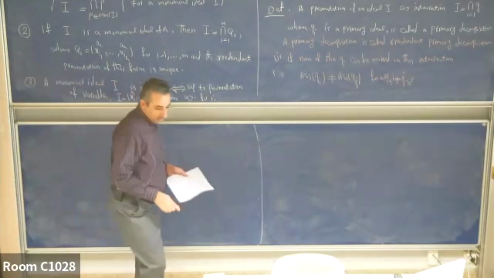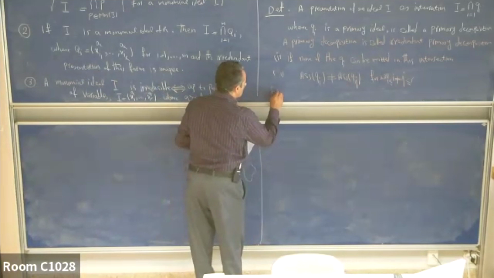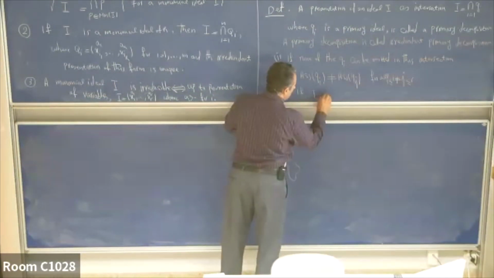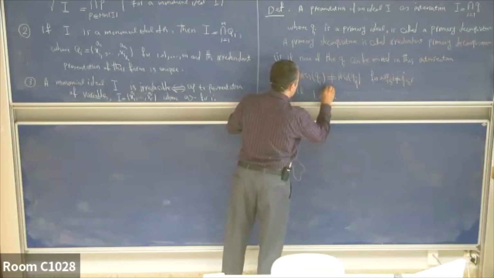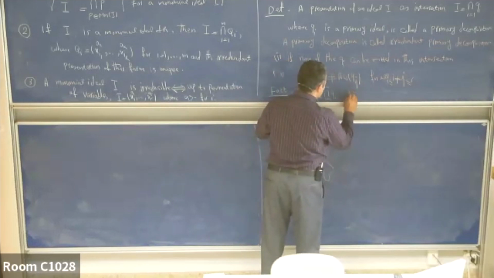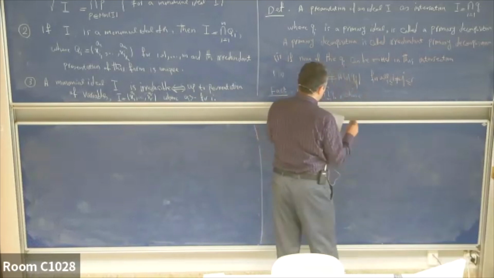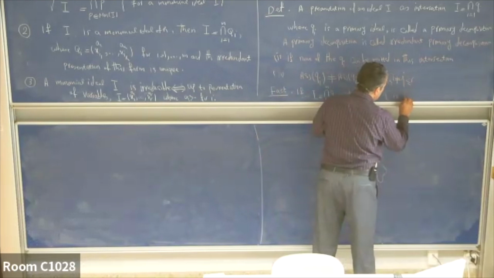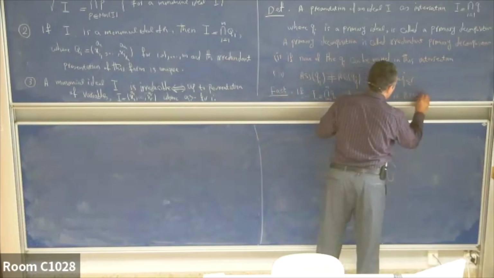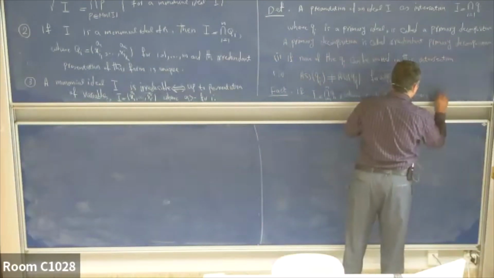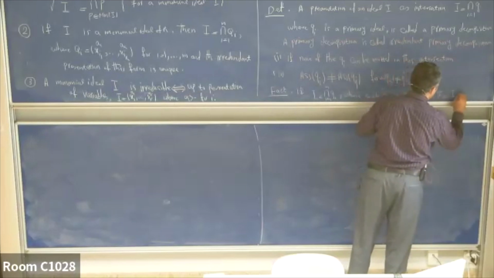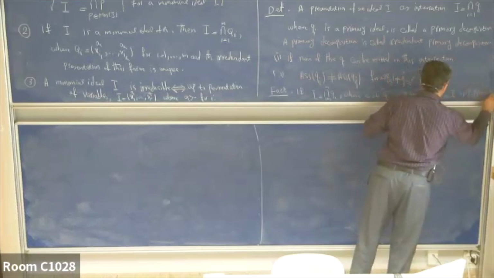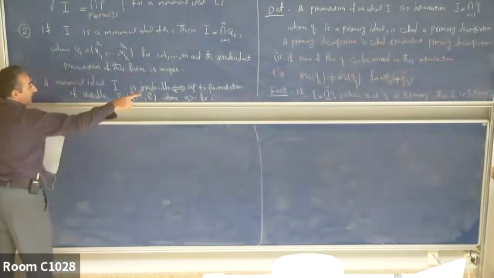So let me write some facts here. Fact 1: if I is equal to the intersection of Q_i, i from 1 to m, where each Q_i is P-primary, then I is P-primary.